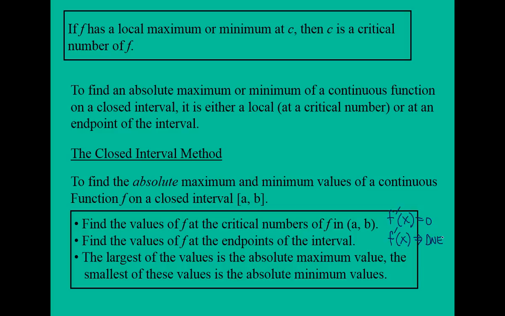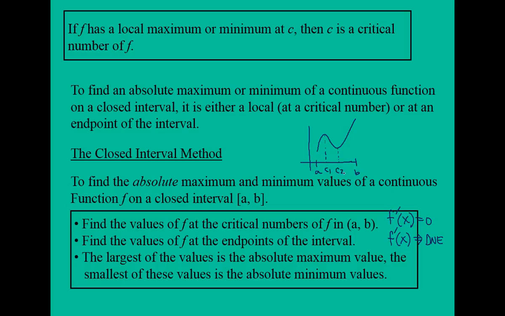Second, find the values of f at the endpoints of the interval. As we discussed in the last video, maximum and minimum values can occur at the endpoints. Here are our endpoints A and B, or they can occur at our critical numbers.